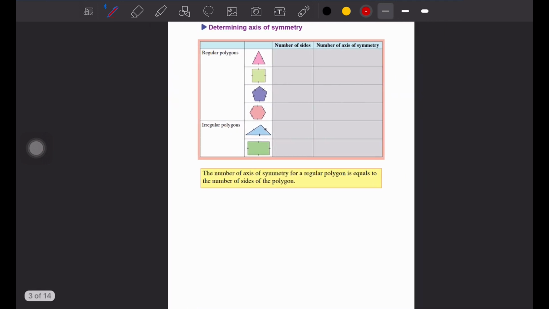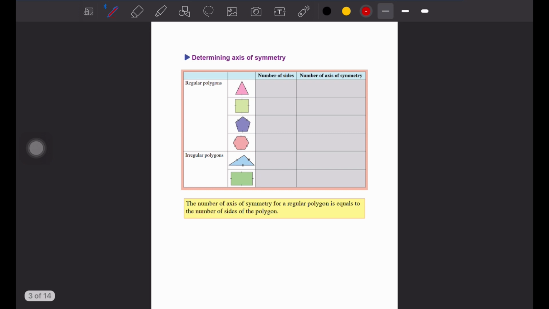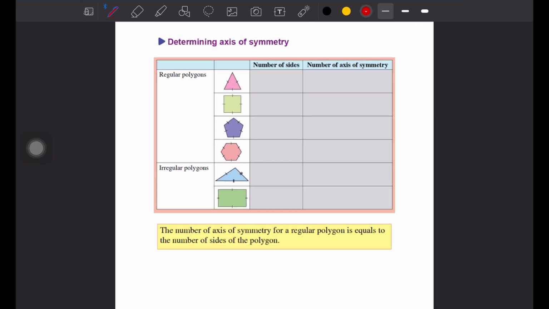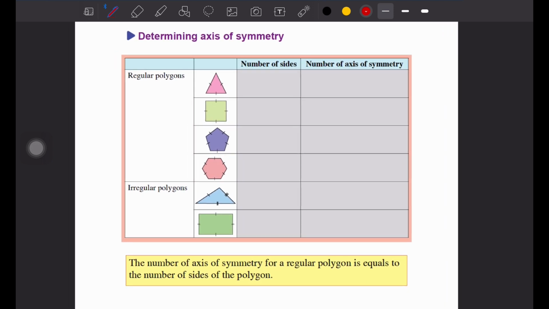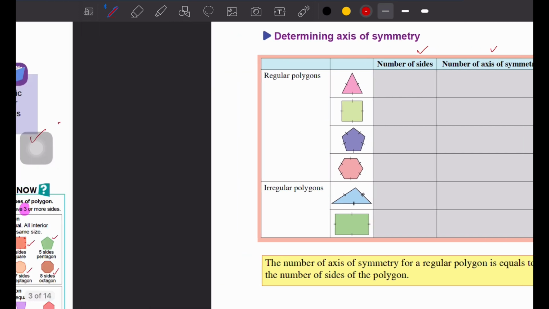Okay, next, let's learn how to determine the axis of symmetry. Over here, you will learn how to relate the number of sides and the number of axes of symmetry. What is the number of sides?